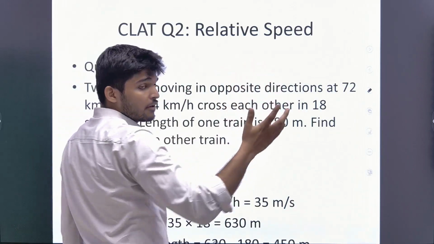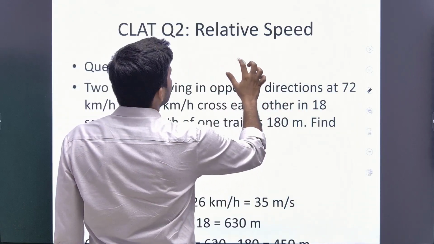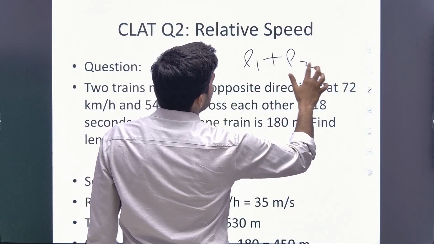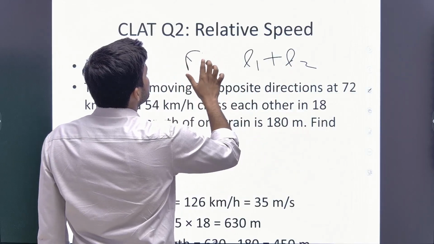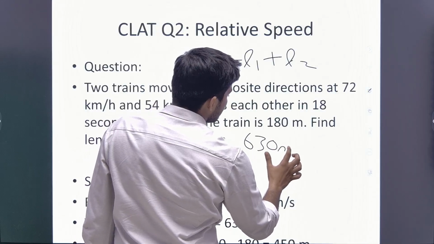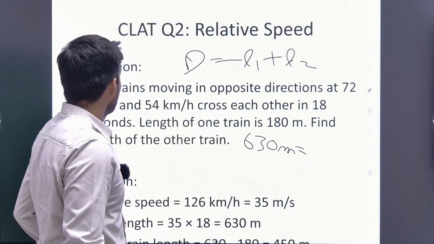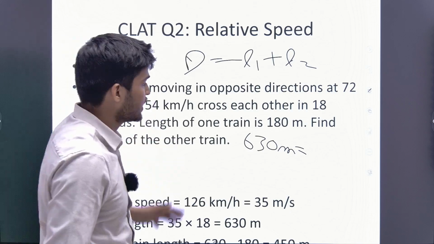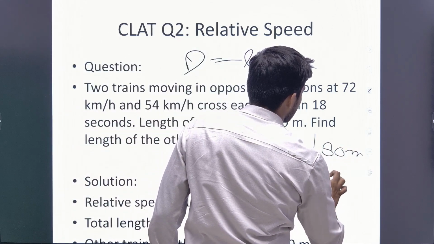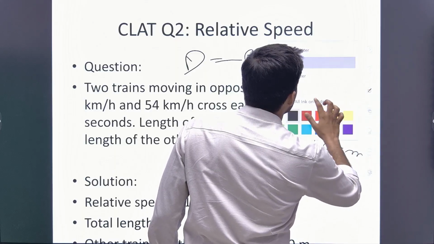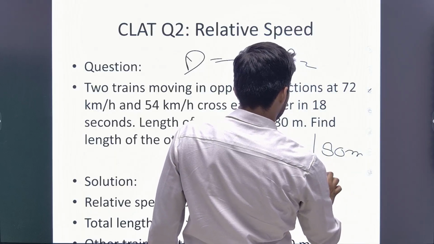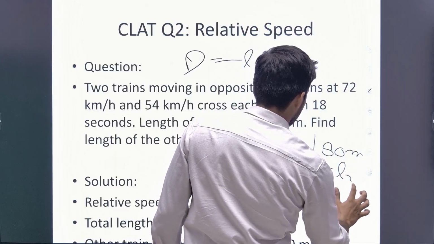So let the length of train 1 be L1, and the length of the other train be L2, which is equal to the total distance. We know the total distance being 630 meters, and the length of one train has been given as 180 meters plus L2.